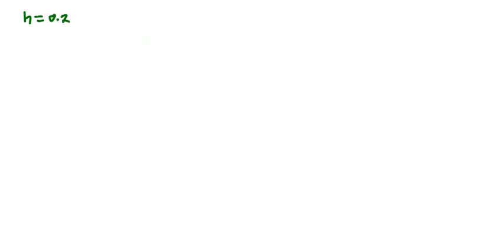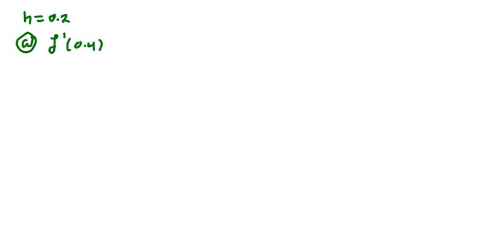So on part A, we are trying to approximate f prime of 0.4 as well as f prime prime of 0.4. So let's start with f prime of 0.4. What are we going to do? For this one, I'm going to first of all apply the central difference formula.